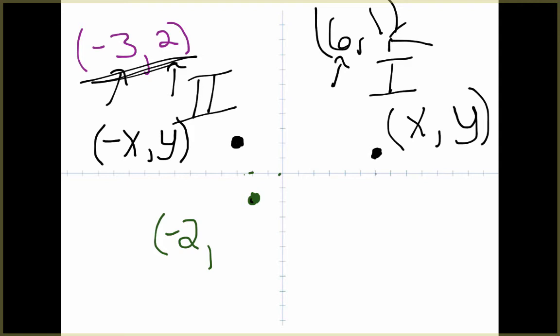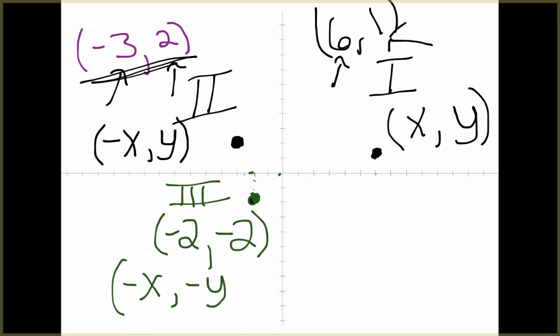Now I just have to count how many spaces down I need to go to get to that point, which is also negative 2, which is in the third quadrant. Okay? And what can we say about a point in the third quadrant? Your x is negative, and your y is going to be negative.